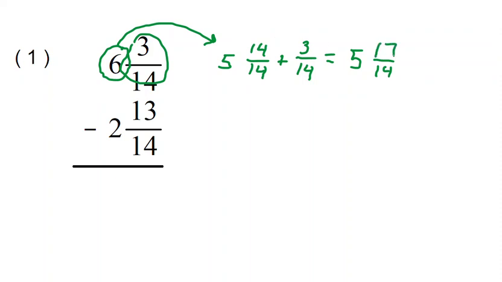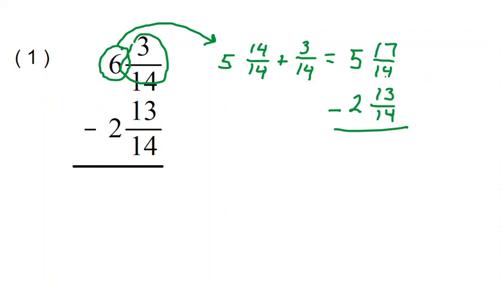Now, a lot of you kids are yelling right now, hey, that's an improper fraction. You're right, it is an improper fraction, and we're just going to leave it that way for a little bit. Okay, so we got 5 and 17/14. Now we can subtract the 2 and 13/14, because if I had 17 bananas, you could take 13 bananas away from me, right?